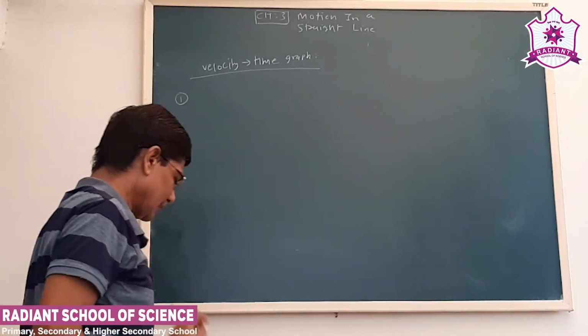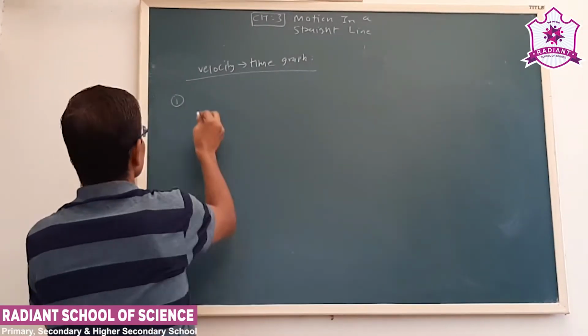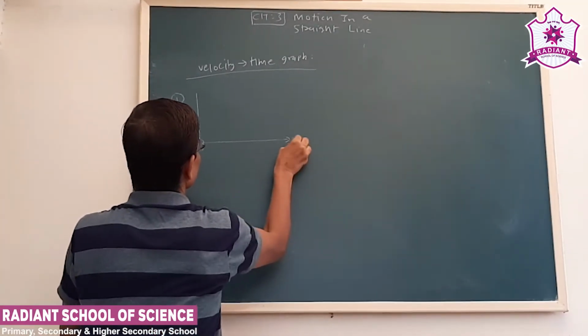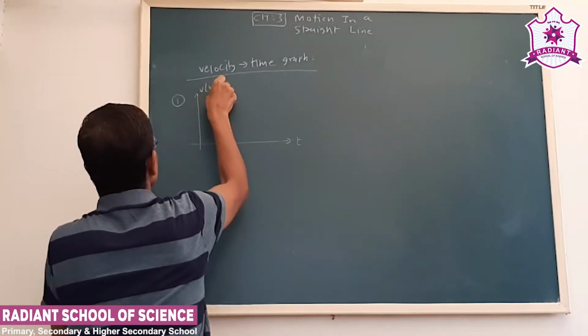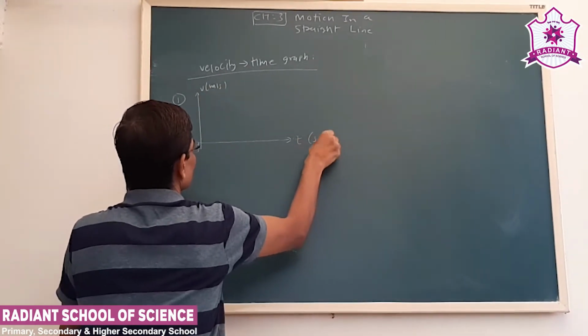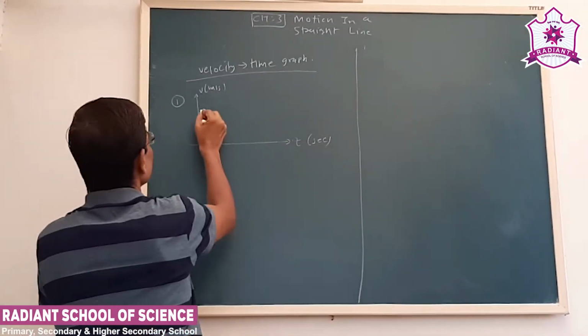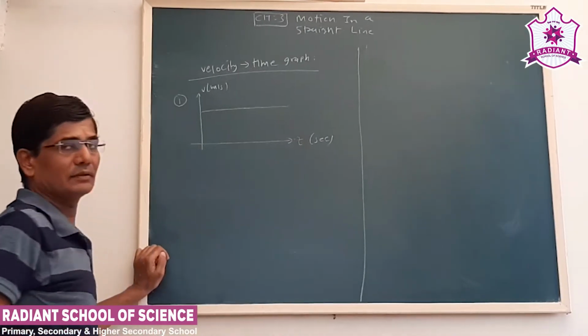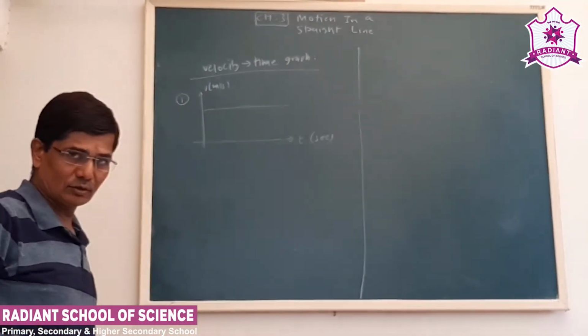Now see the first graph. This is the time axis and velocity. Now what we see here, the velocity versus time graph is parallel to the time axis.